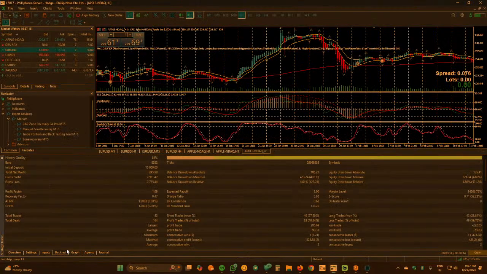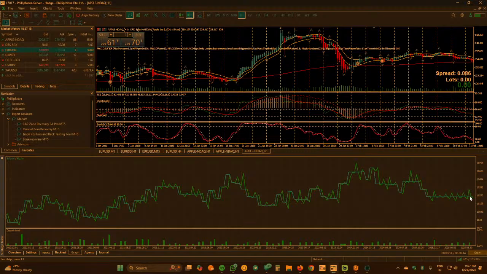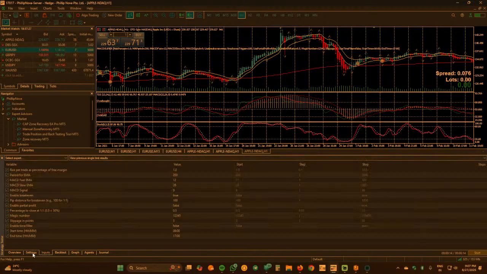So yeah, we got a similar graph, but we did not lock in a lot of profit, so it did not do its thing.